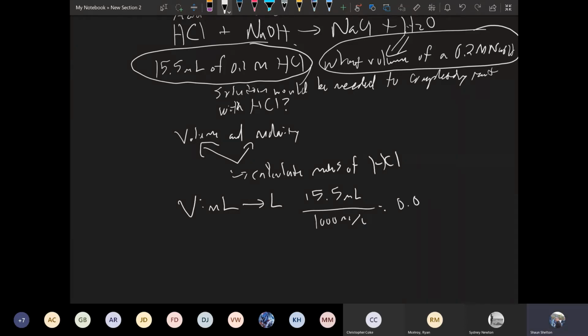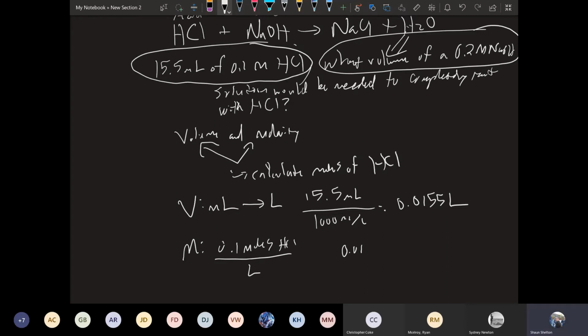That's going to give me 0.0155 liters of HCl. Now the second thing we're given is the molarity of HCl, which was 0.1 moles of HCl per liter of solution. So what we're going to do is take the volume and the molarity, and determine the moles of HCl.